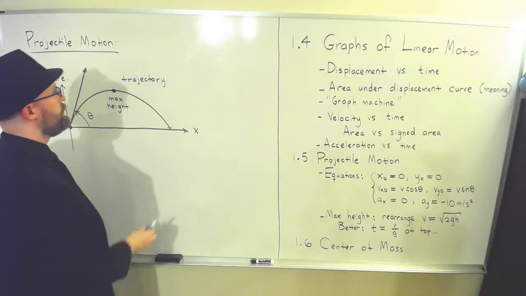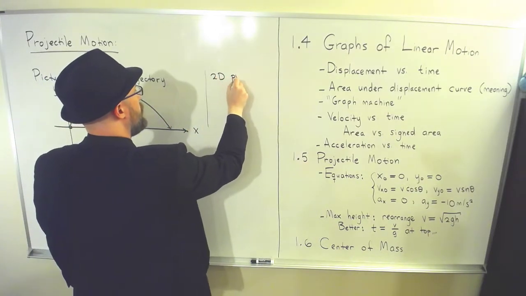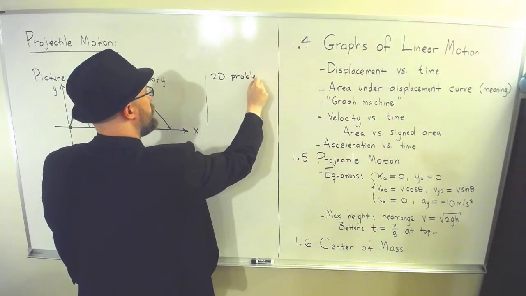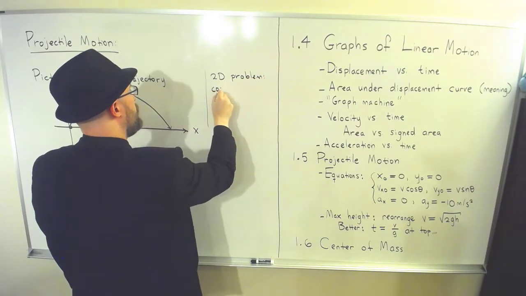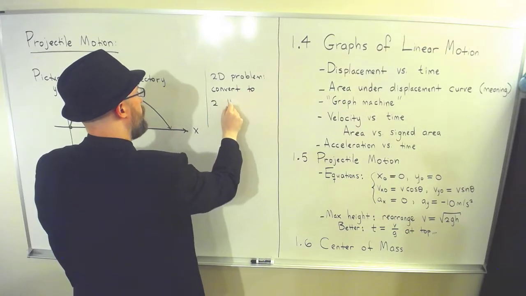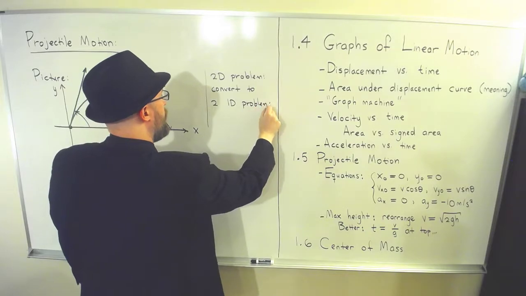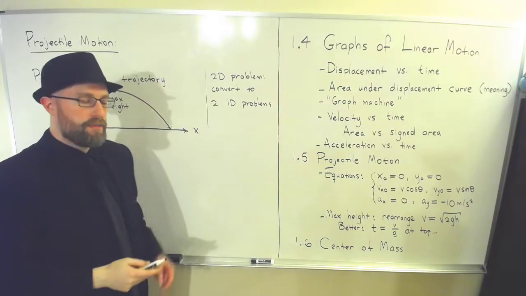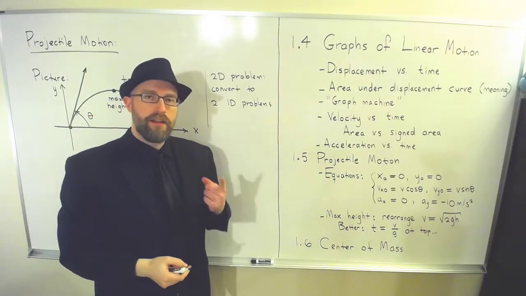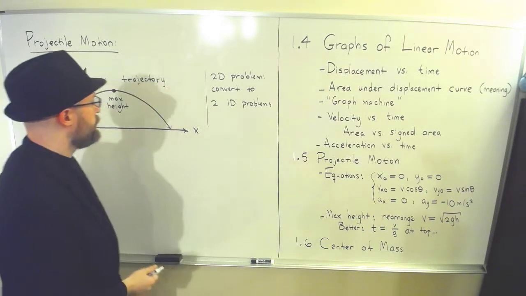So you take a two-dimensional problem, a 2D problem, and you convert this to two one-dimensional problems. And each of these one-dimensional problems is precisely a linear motion problem like what we've been doing, involving constant acceleration.